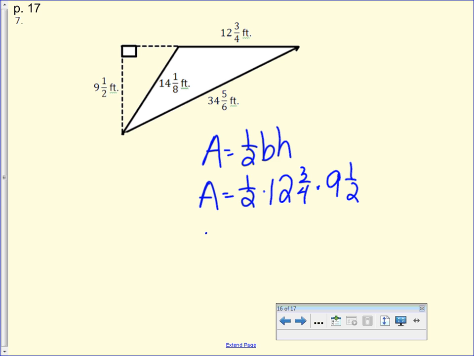What's the rule for multiplying mixed numbers? What do I have to do to mixed numbers? No. What do I have to do?